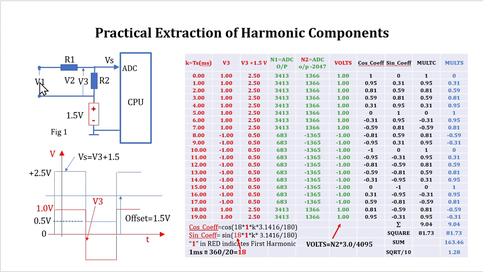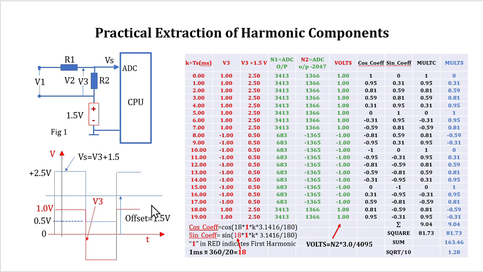We should know the highest value of V1 you will get, and at that time this should remain within the limitations of the AD converter. So this is going in the positive as well as the negative direction. Look at this red one: 1 volt positive, 1 volt negative. It is going like this. This is a basic thing. Starting from here, goes up, goes here, here, here, and so on.